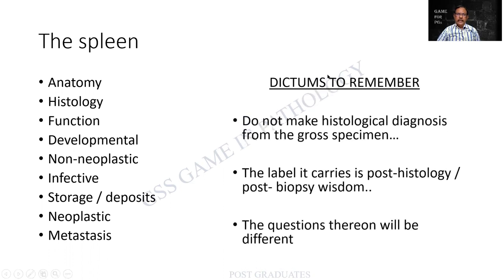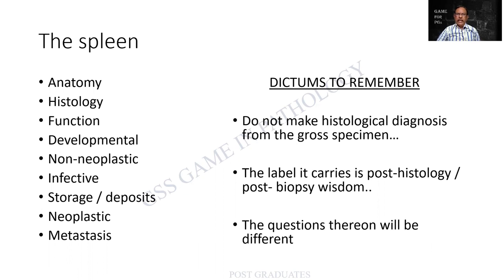There are certain dictums, however, which we should remember. First and foremost, do not make histological diagnosis from gross specimen. For example, non-Hodgkin's lymphoma, small cell type. The label it carries is post-histology or post-biopsy wisdom.